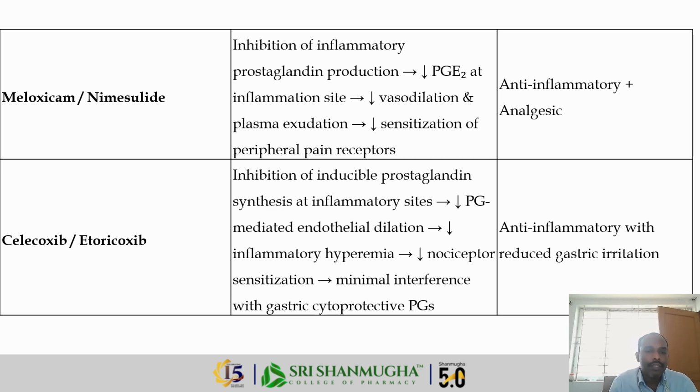Next, we have celecoxib and etoricoxib. These drugs inhibit the inducible prostaglandin synthesis at the inflammatory sites. So generally, they act at inflammatory sites only, leading to decreased prostaglandin mediated endothelial dilation as well as decreased inflammatory hyperemia and also decreased nociceptor sensitization, with minimal interference with gastric cytoprotective prostaglandins.